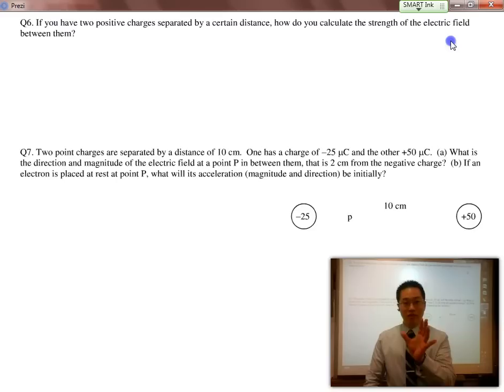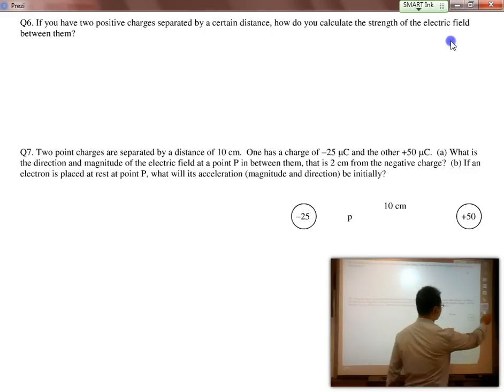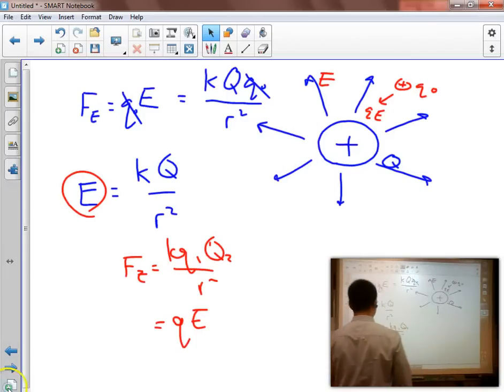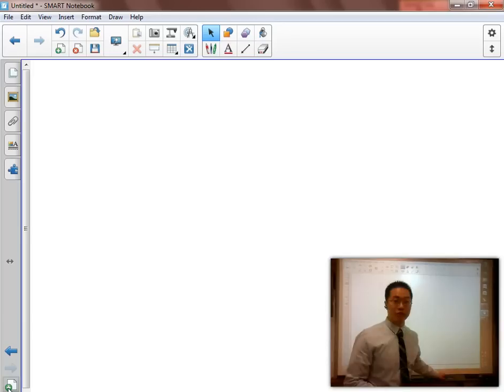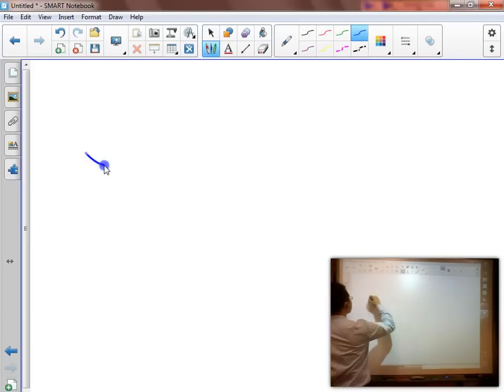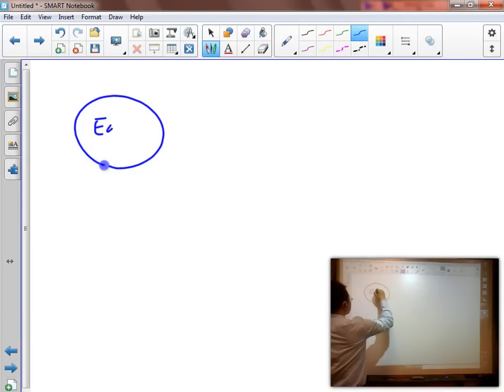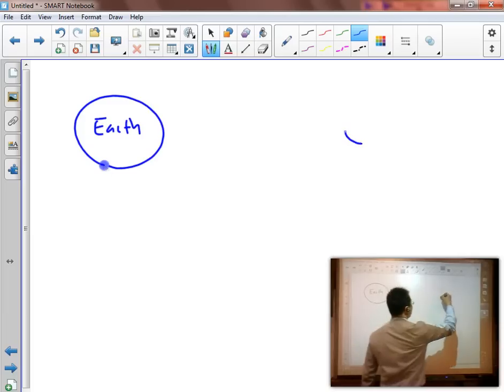Now, I must make it clear, do not get confused between electrostatic force and electric fields. Okay? Before I do this question, let's look at an example I spoke about yesterday about the Earth and the Moon.